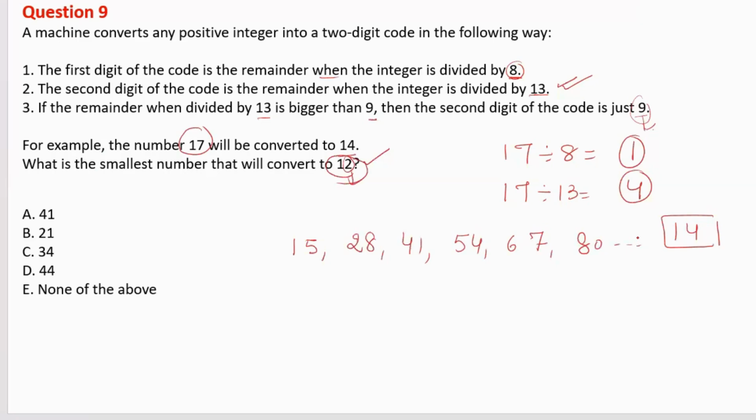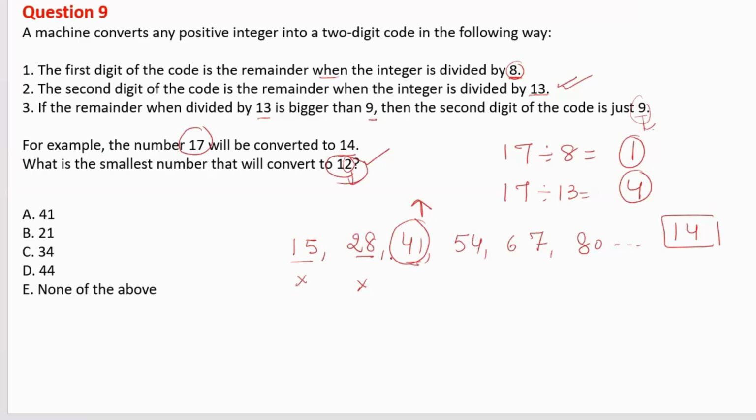Now I have to check the values they are asking for. When I divide by 8, I should get remainder 1. For 15, the remainder is 7, not possible. For 28, the remainder is 4, not possible. For 41, when I divide by 8, I get remainder 1. So yes, this is my option.